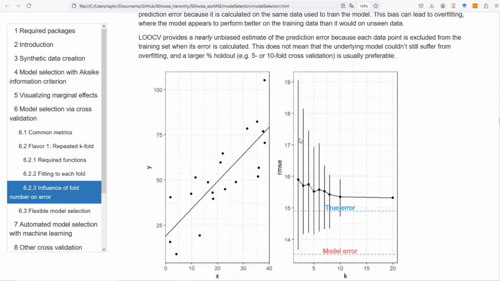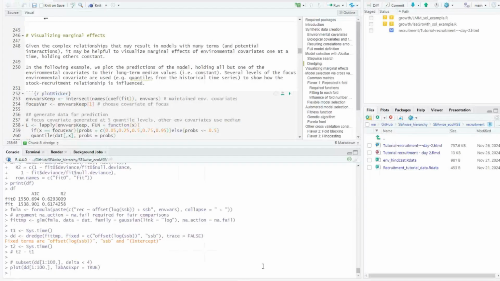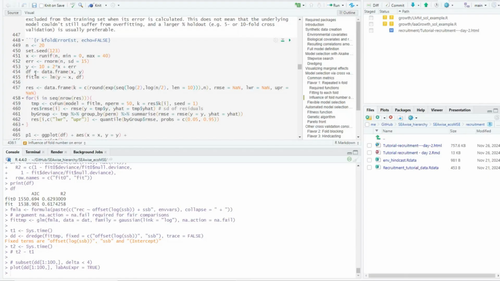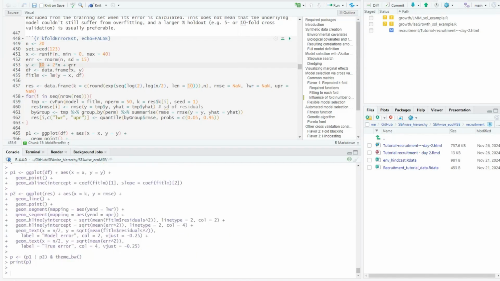And if we look at the generated data, so I had this relationship going in. I've got just 20 values. I'm prescribing values for the intercept and the slope, and then I'm adding this error on top of it.